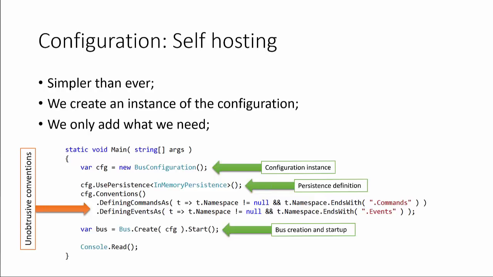Since we are self-hosting, in this case, we are responsible to do both things. But we do not need anymore to call load handlers, to define that the bus will be a unicast bus, or to define which container to use. Since we are not telling anything to NServiceBus, NServiceBus will use the built-in container in this case.